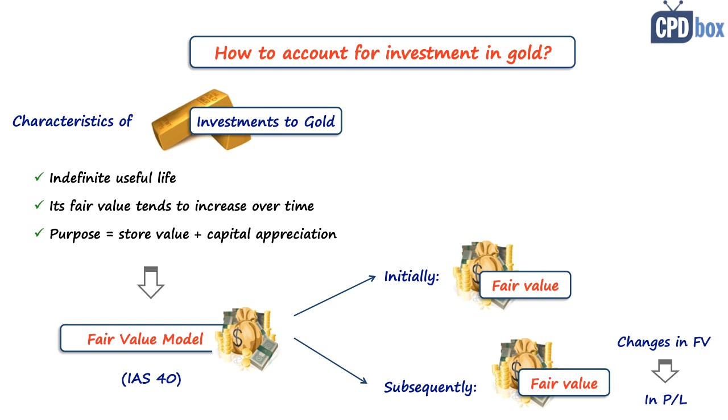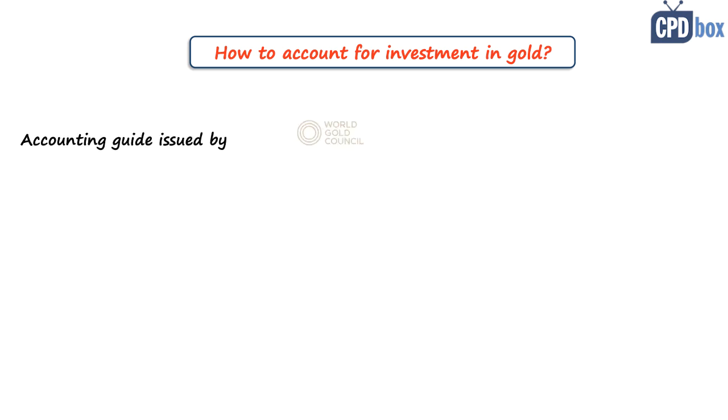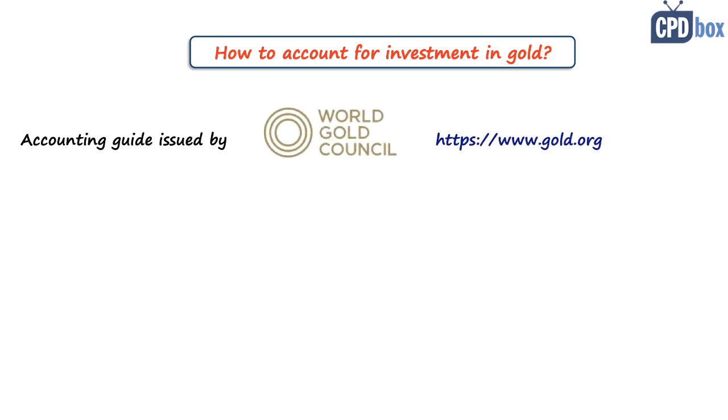Now, when I did a little research on this topic on the internet and in books, I actually found a nice accounting guide for gold, which was issued by the World Gold Council. It is very detailed and actually speaks about the accounting for monetary gold, which is essentially investment gold, held by monetary authorities.